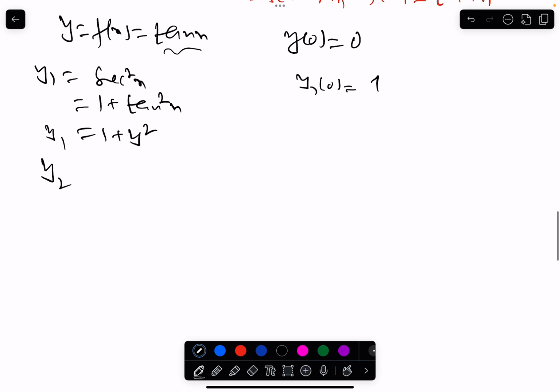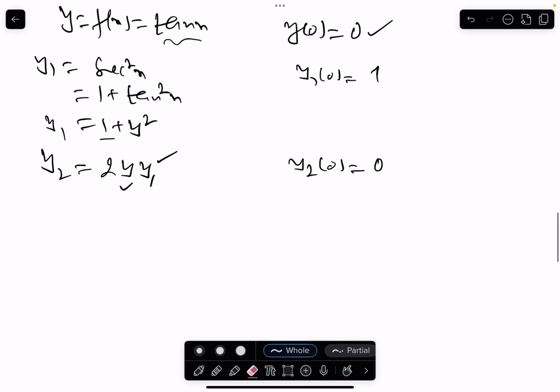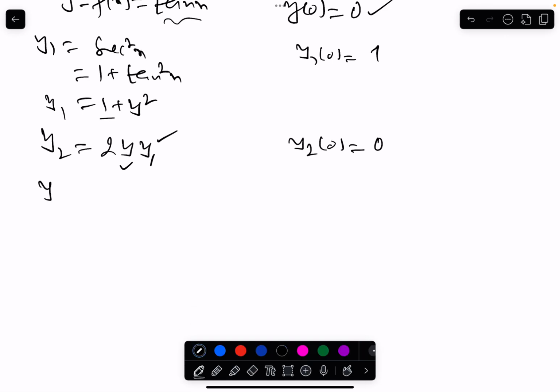Now the derivative y2. So the derivative of 1 is 0, and of y square it is 2y, and the derivative of y is y1. So y2 at 0 needs y at 0 and y1 at 0. But y at 0 is 0, so 0 into anything is 0. Next is y3.